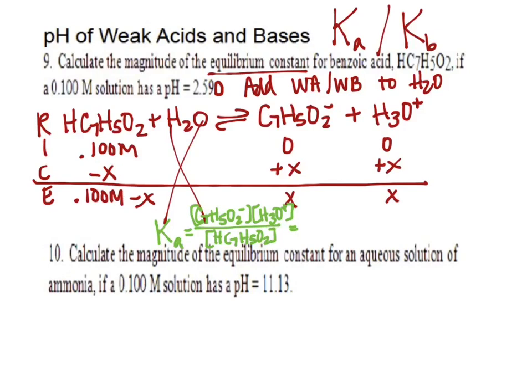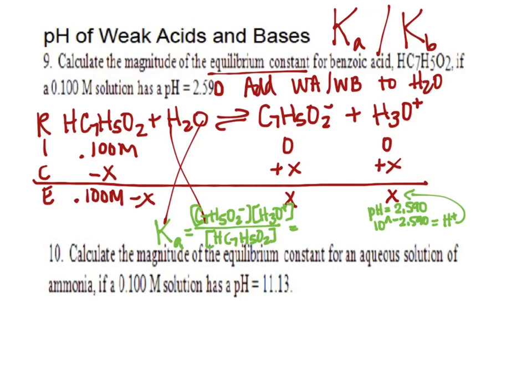So how are we going to solve for Ka? How do we solve for x? We have the pH is 2.590, so I can take 10 to the negative 2.590, and that's going to give me my H plus concentration.